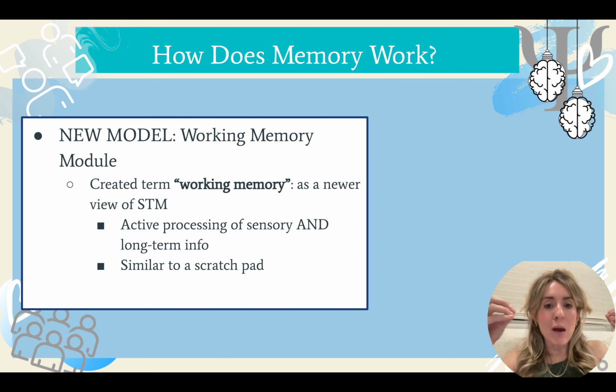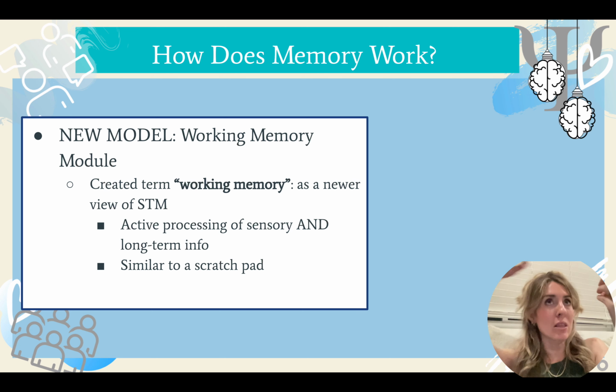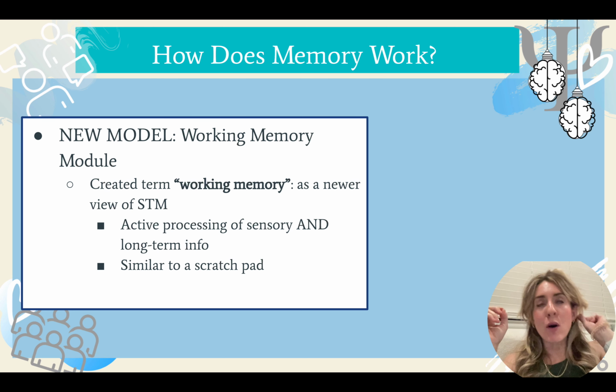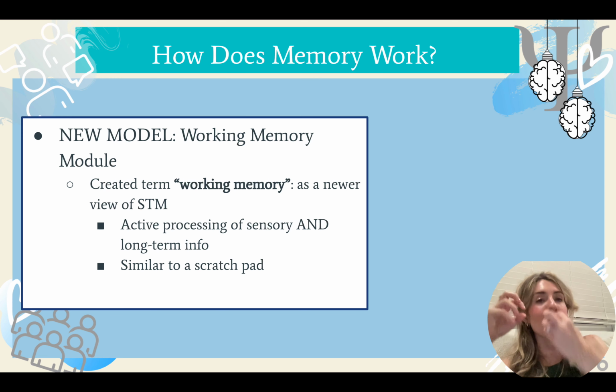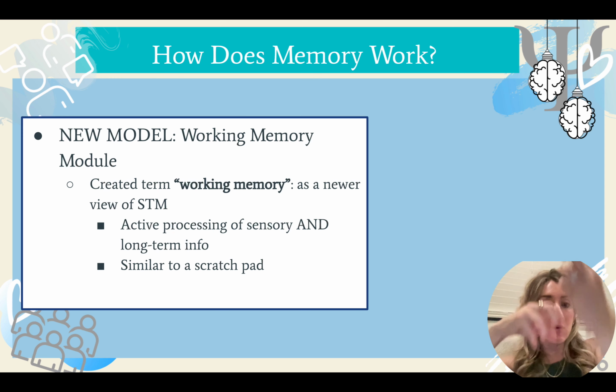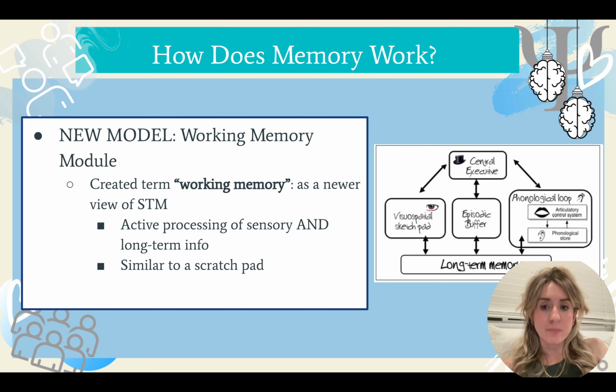Your working memory is that scratch pad. It's processing sensory information, pulling things from long-term memory, and dealing with it right in front of you. For example, if my teacher asks me a question, I have to hear the question, interpret what the words mean, think about what I know, pull the information from long-term memory, and then say it again. That requires my working memory.